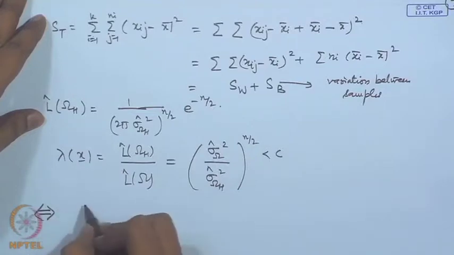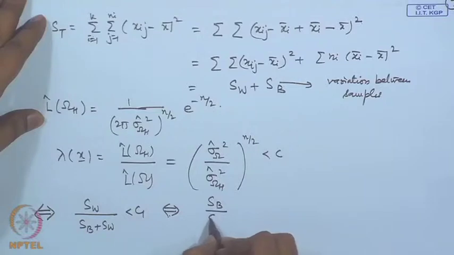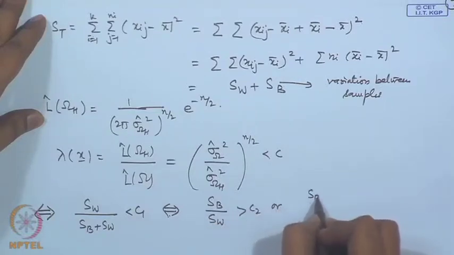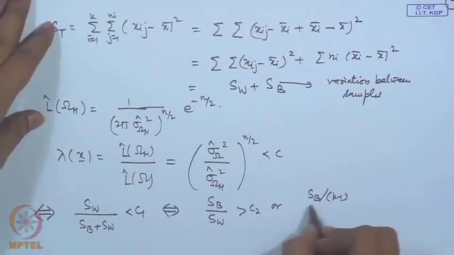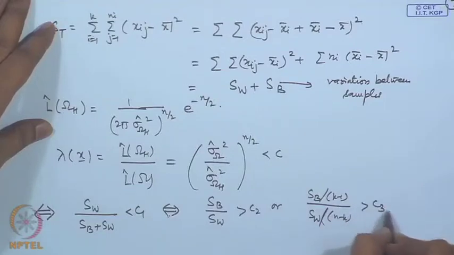S_w divided by S_b plus S_w less than C_1. Then you take the reciprocal and subtract 1. So, you get greater than C_2, or we can write S_b divided by (k minus 1) divided by S_w divided by (n minus k) greater than, say, some C_3.